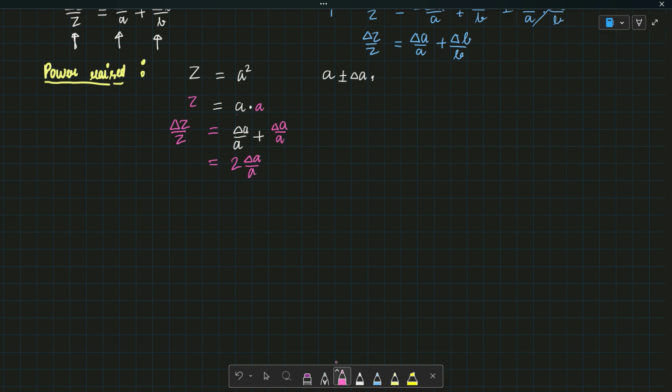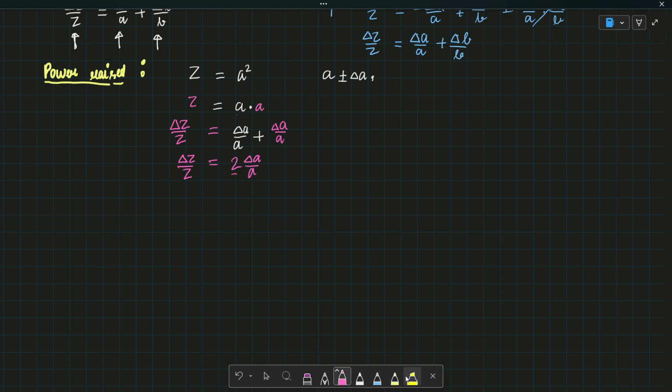So the relative error in Z now becomes 2 times the relative error of A. If there is a power n, the relative error becomes n times the relative error of A. So whenever there is a power raised, the relative error will be the power times the relative error of the given physical quantity.